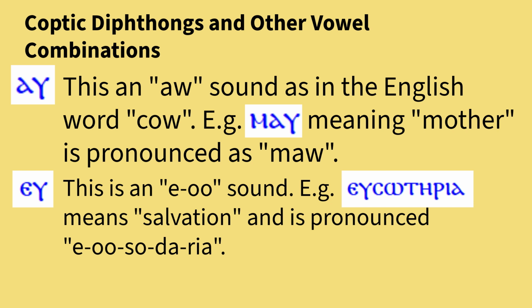We then move on to the next diphthong, which is epsilon. This is an ew sound. An example word is eosudaria. This means salvation and is pronounced, I've spelled it out phonetically here, eosudaria.